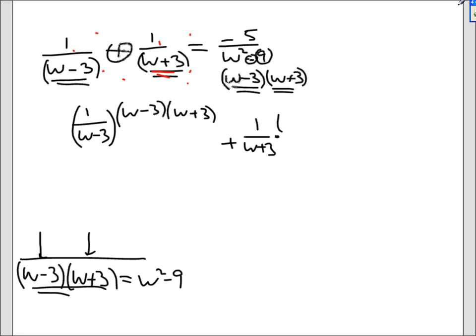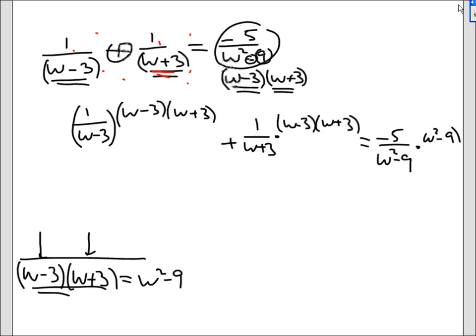I'm going to multiply it by w minus 3, w plus 3, equals, I'm going to take this, and I'm going to multiply it by what I've been multiplying the others by. Except I'm just going to write it differently. I'm going to write it down as w squared minus 9.